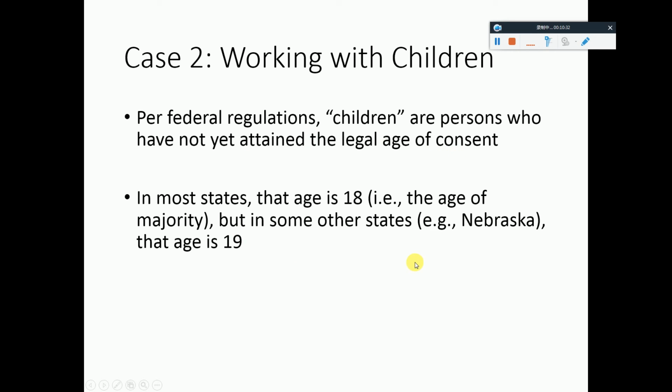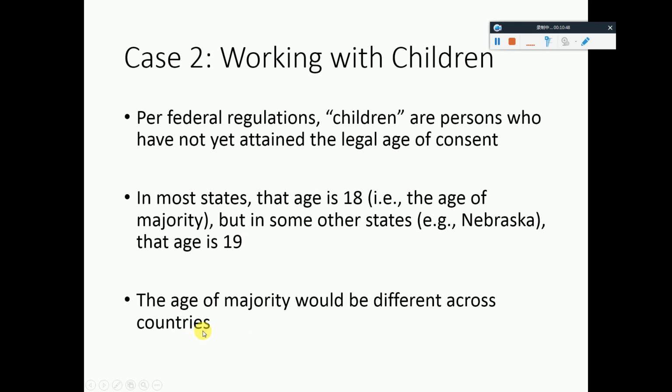In many states, the age of majority is 18 years old, but in some other states, such as Nebraska, that age is 19. But we should also be aware that the legal age of consent or age of majority is different across countries. Some are 21, for example, I think in China.